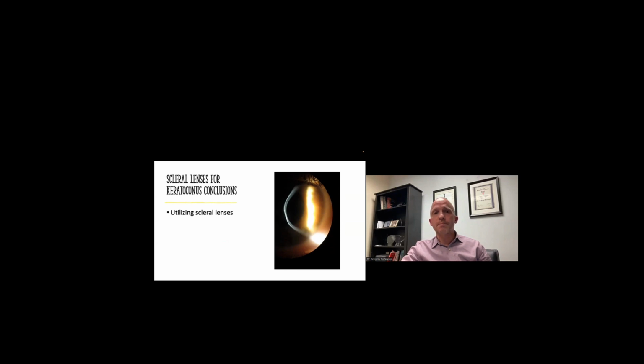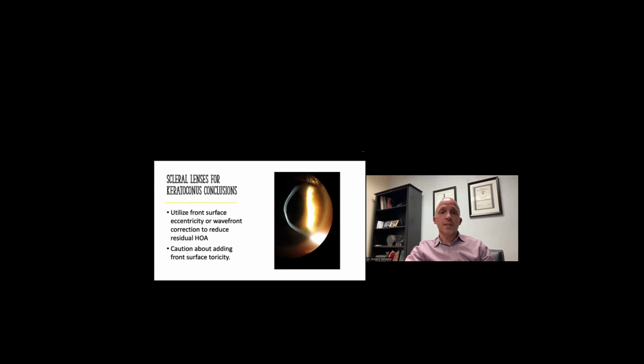So just to wrap up, with this ectatic population of patients, I encourage you to utilize scleral contact lenses. I think they really significantly help many patients. The average toricity for the keratoconic eye is 210 to 220 microns. Scleral shape can be spherical though, so watch out for that. That can happen. Consider quadrant-specific designs for peripheral ectatic eyes.